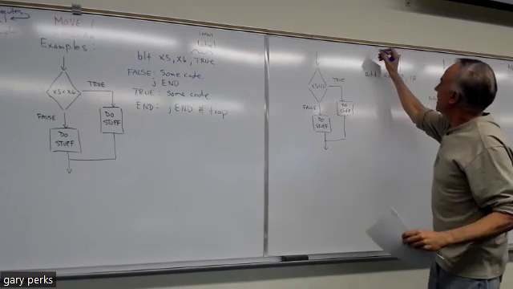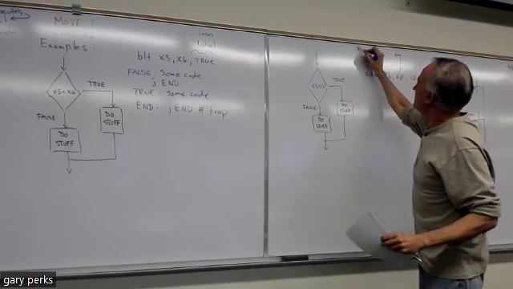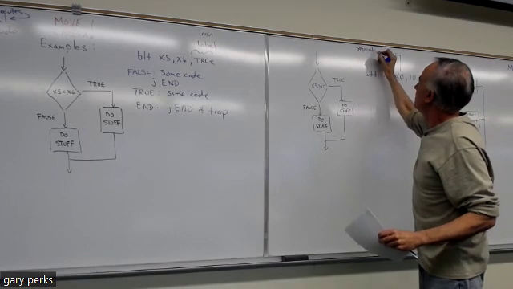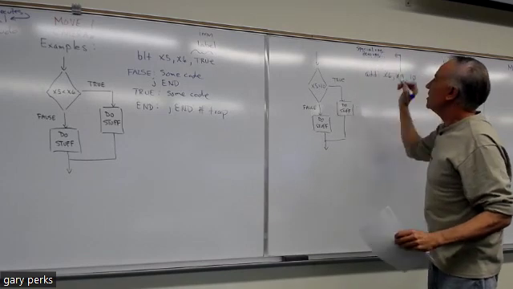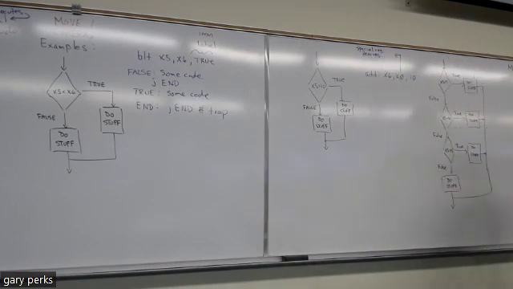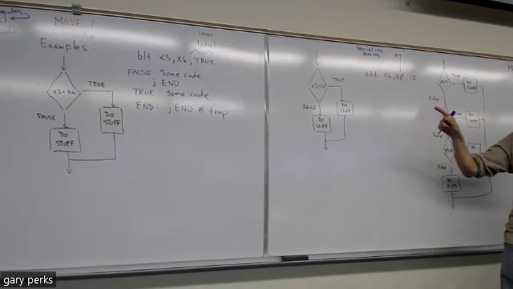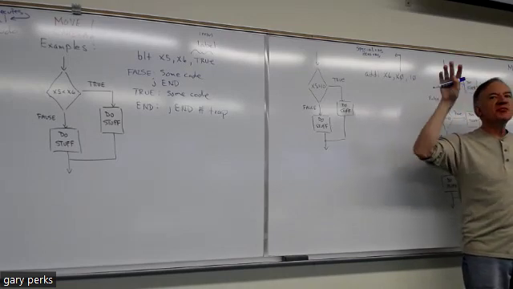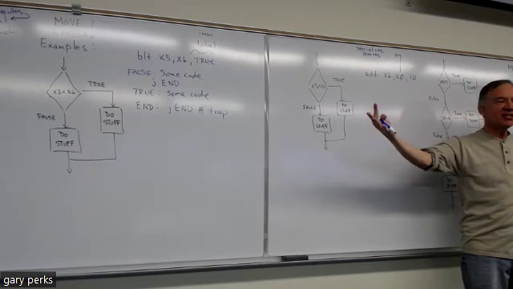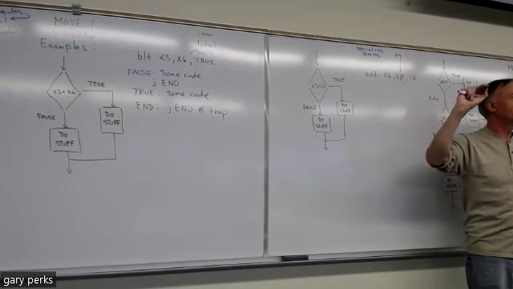Now, x0, that's a special register. It's called the 0 register. The reason why it's called the 0 register is because that register is hardwired to have all zeros. In fact, next class, Thursday, you're going to build the next piece of hardware, the reg file.